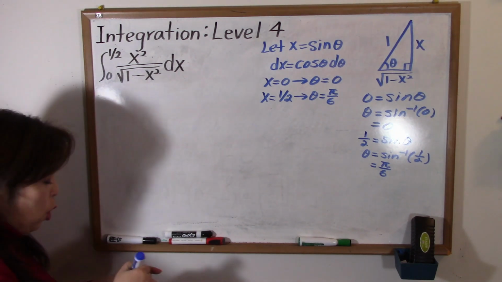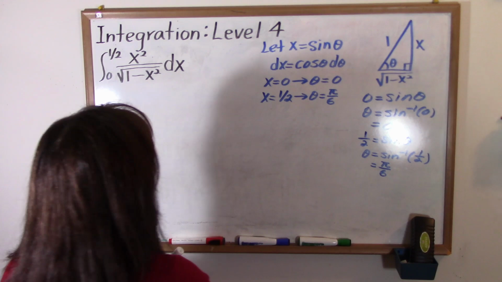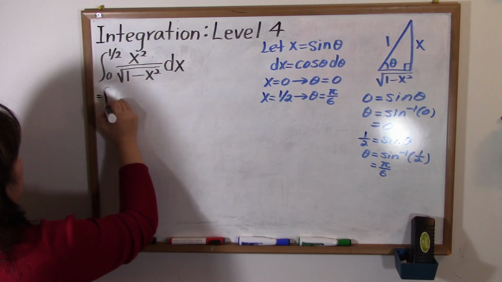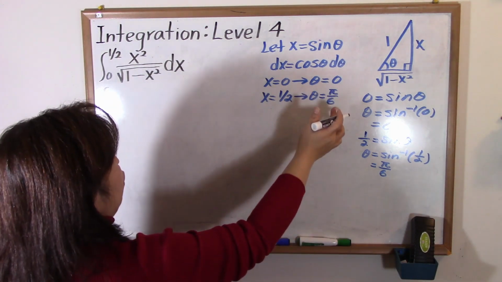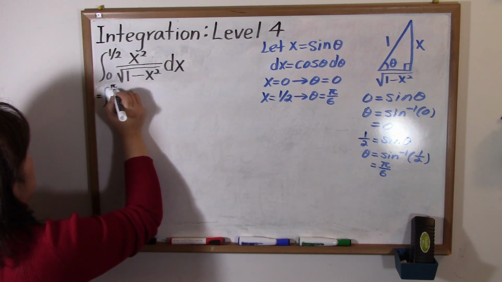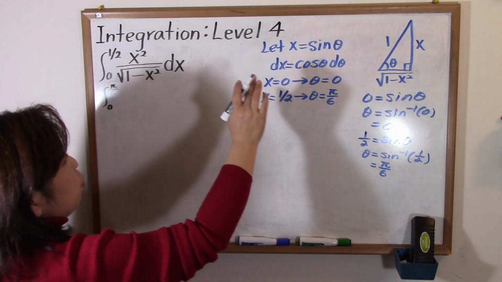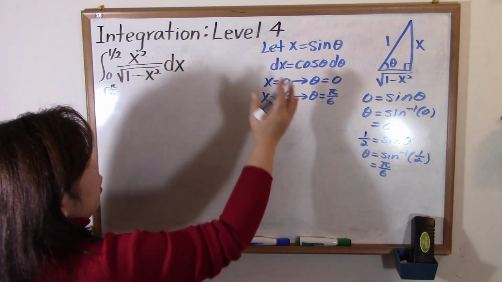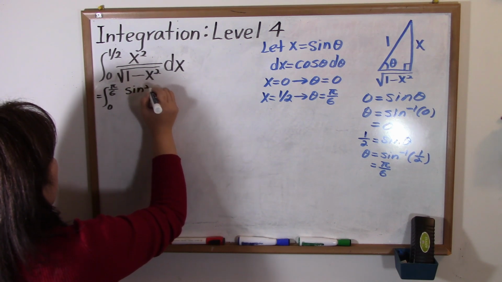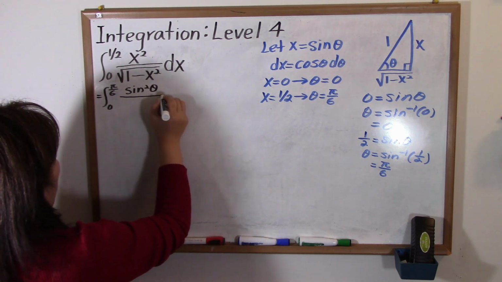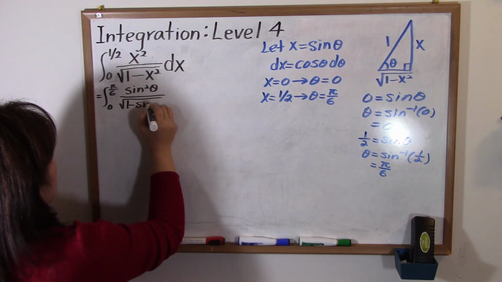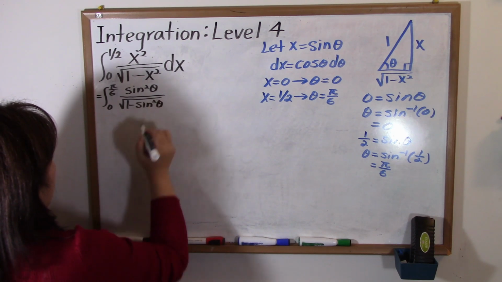Now we are going to replace everything. It is equal to the integral with boundaries now from 0 to pi over 6 of x squared, which is actually sine squared theta because x is equal to sine theta, so sine squared theta over the square root of 1 minus sine squared theta.